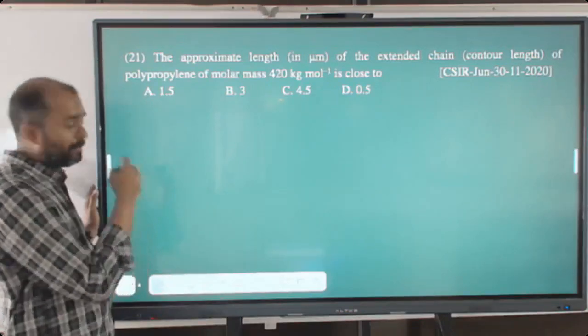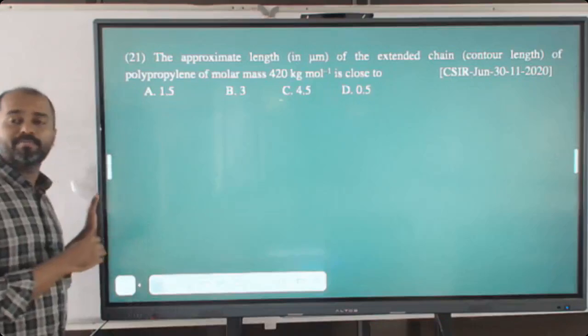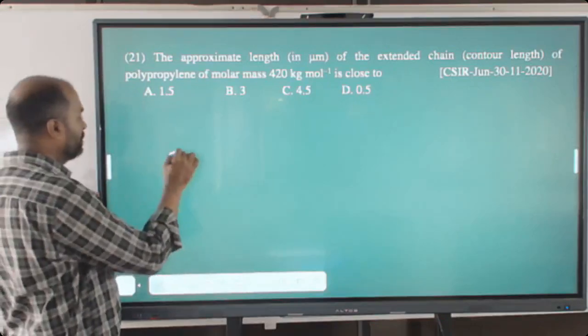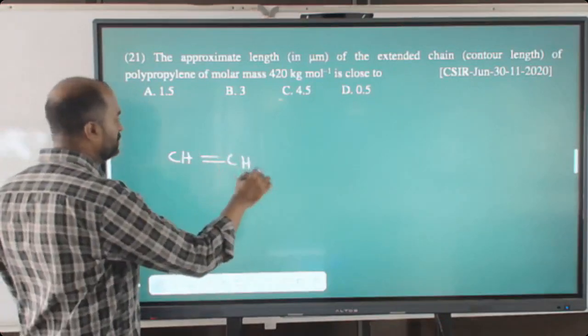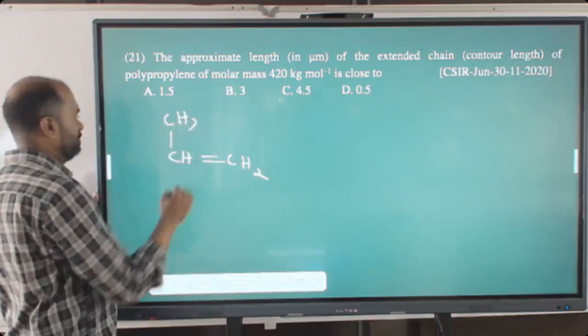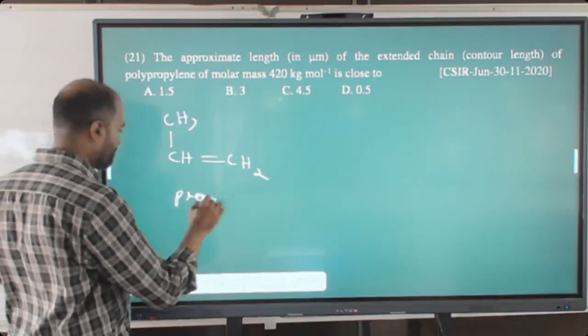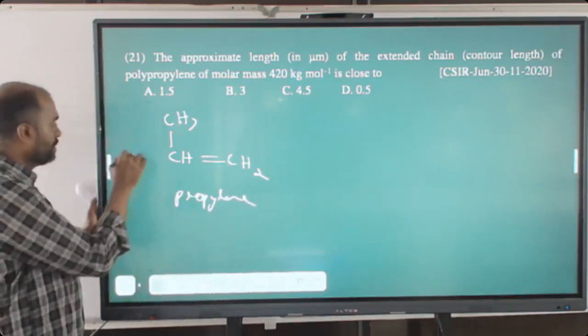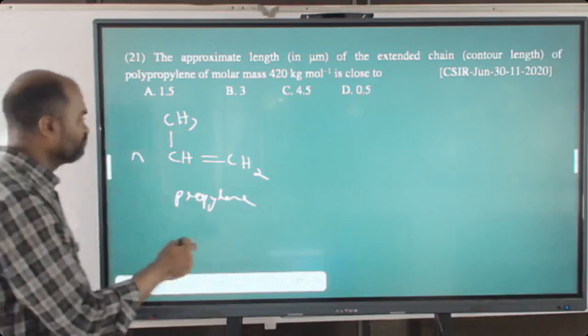Polypropylene is a polymer of propylene. Propylene is CH double bond CH2 CH3. This is propylene. N number of propylene molecules are polymerized.